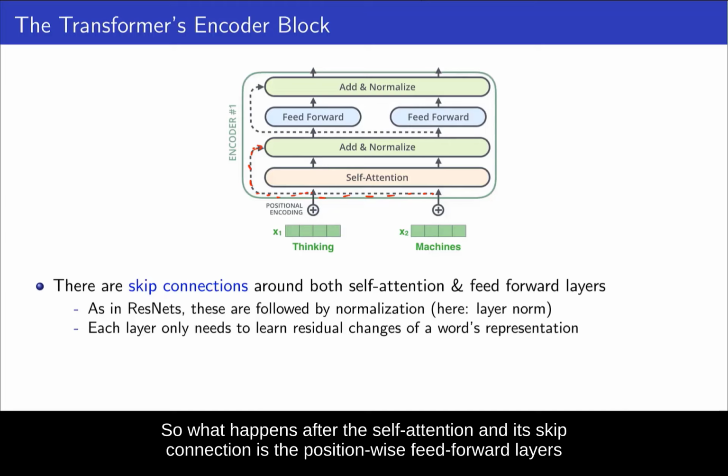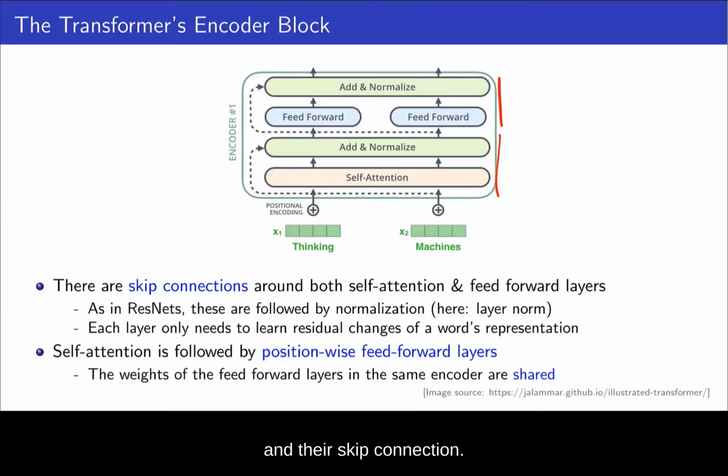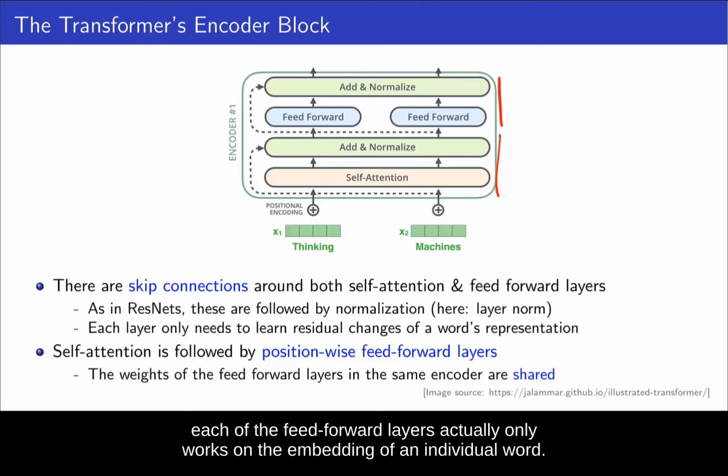So what happens after this self-attention and its skip connection is the position-wise feed-forward layers and their skip connection. And in contrast to the self-attention, which actually tackles all of the inputs at once, each of the feed-forward layers actually only works on the embedding of an individual word.